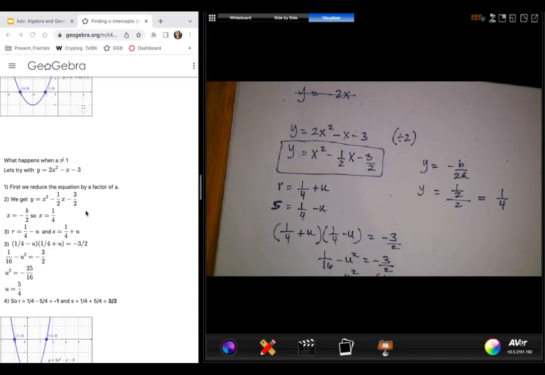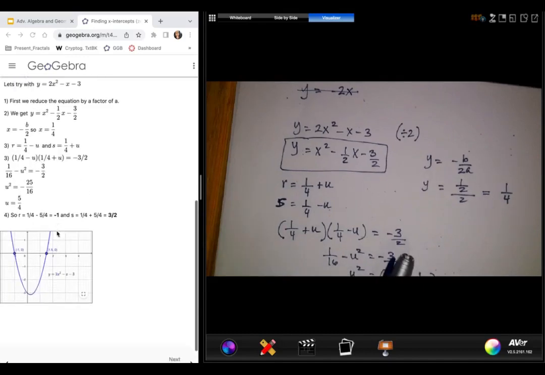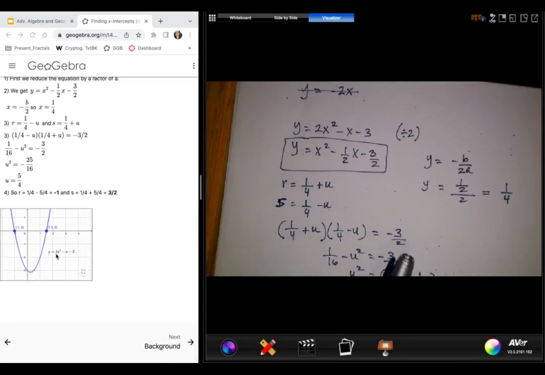These are the two roots, and over here we can see the graph for y equals 2x squared minus x minus 3. The axis of symmetry goes through 1/4, and we have the two zeros at 1.5, or 3/2, and negative 1.